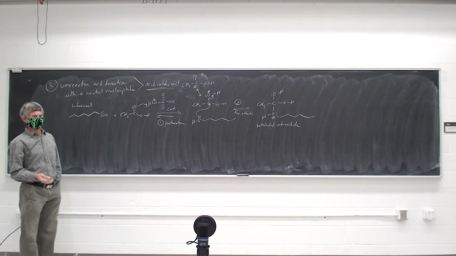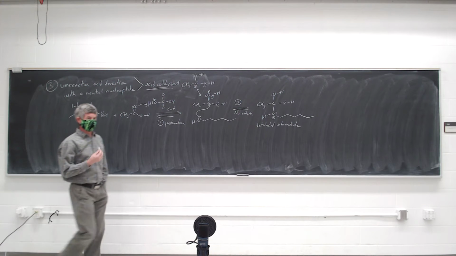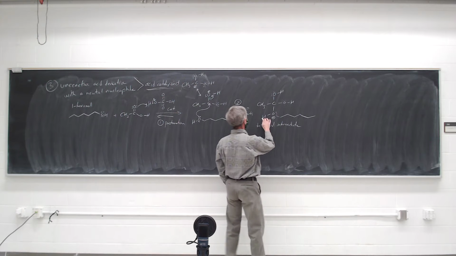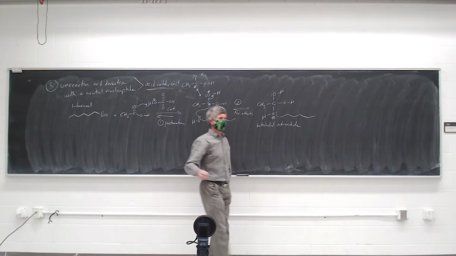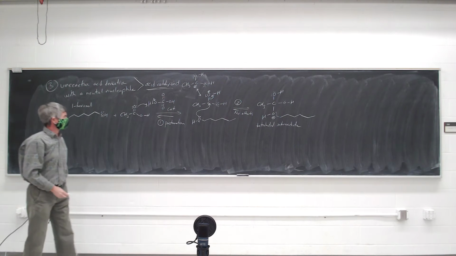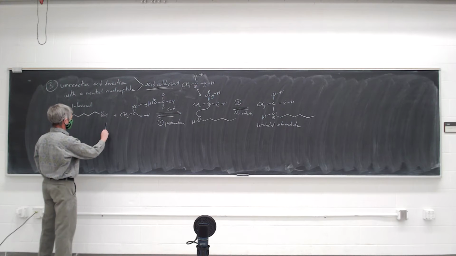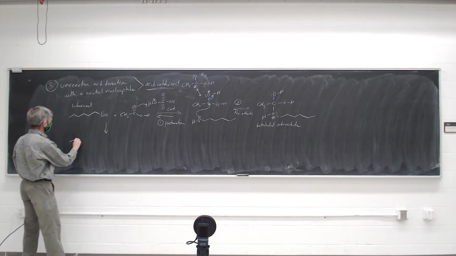So now we need a proton transfer step, because what we need to do is get this hydrogen off of here and onto one of these OH groups so that we can lose water, the other product of this reaction. We just write out the balanced reaction.